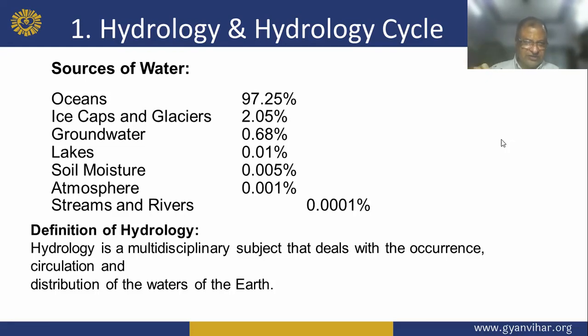Definition of hydrology: hydrology is a multidisciplinary subject that deals with the occurrence, circulation, and distribution of the water of the earth.